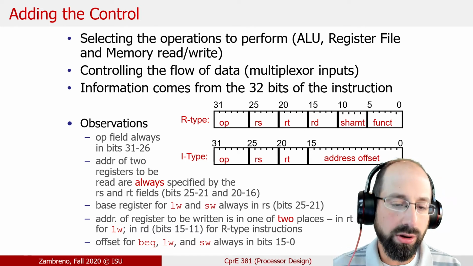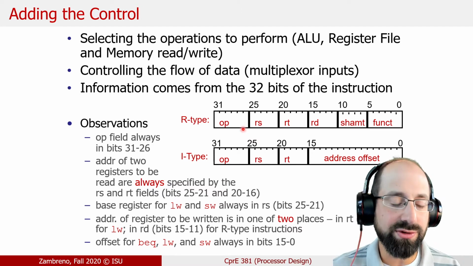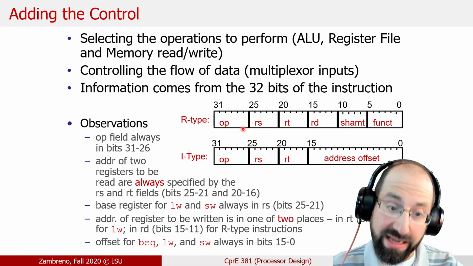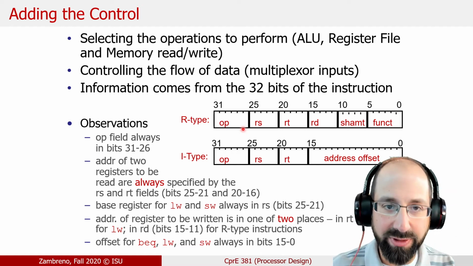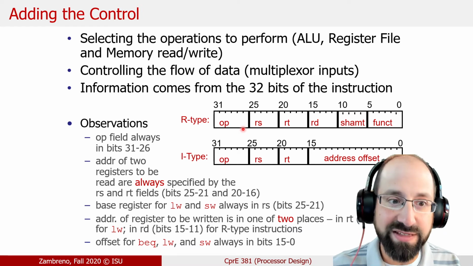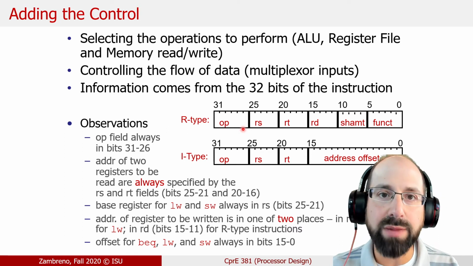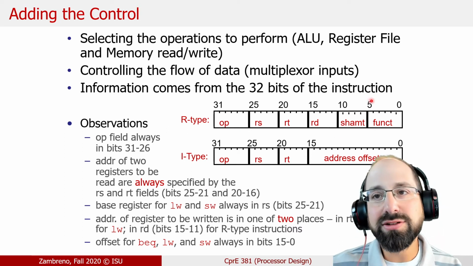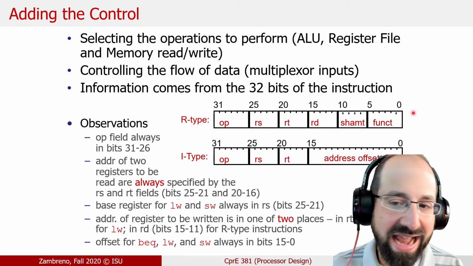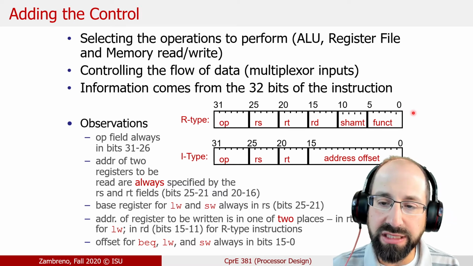We look at the opcode, and in looking at the opcode, we can quickly determine if it is an R-type instruction, and we set all those other control signals accordingly. You can model it in your logic with an if statement: if the opcode equals 0, which corresponds to our R-type instructions, then also look at these least significant 6 bits and let that determine what that ALU control module needs to be.